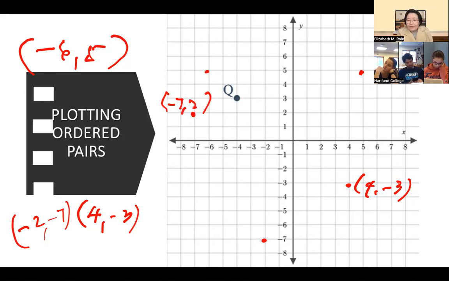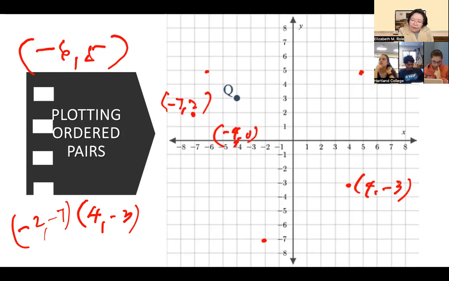Right. How about this point? (-4, 0). That will be (-4, 0) because you don't move up along the y-axis.